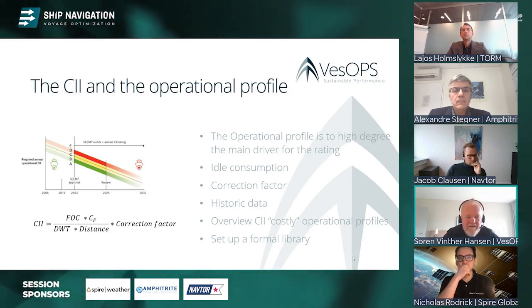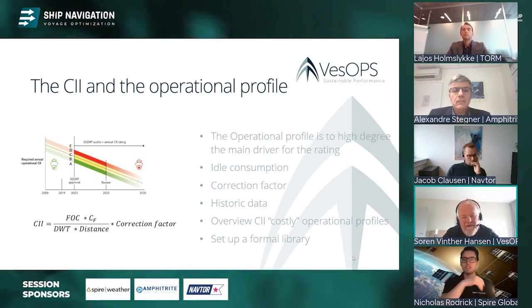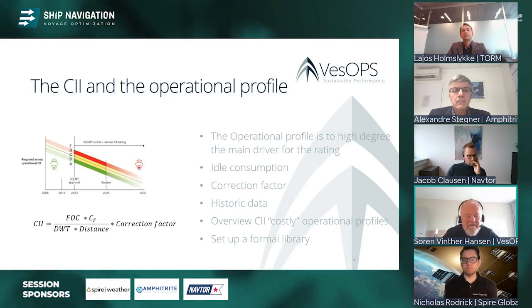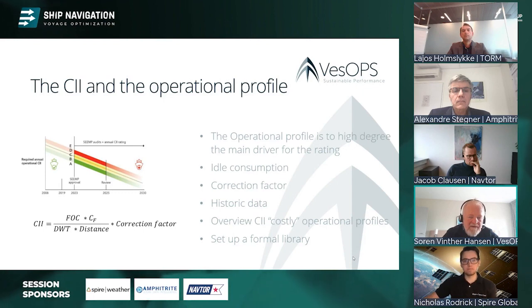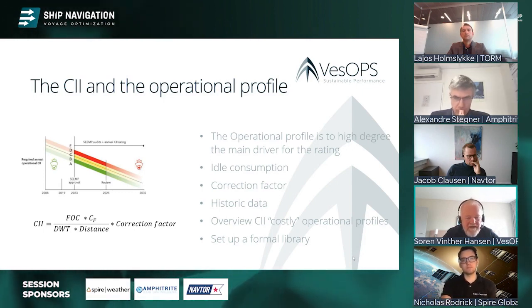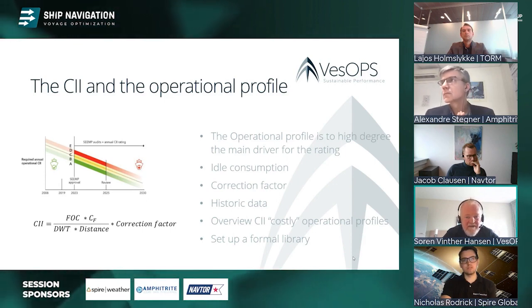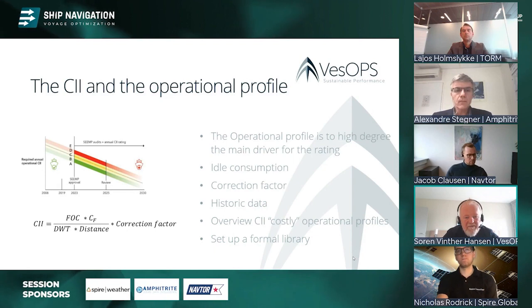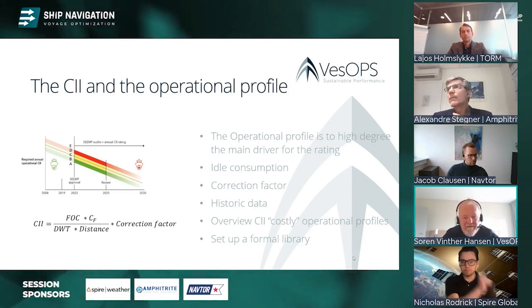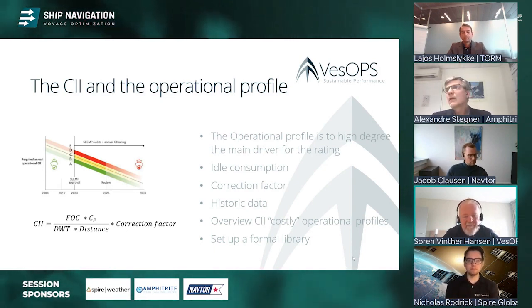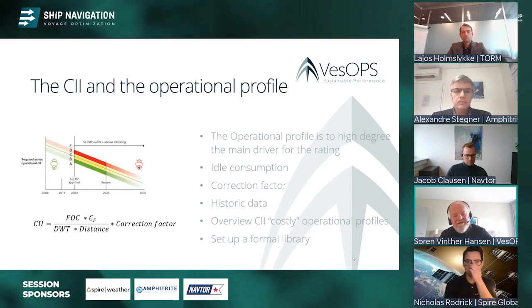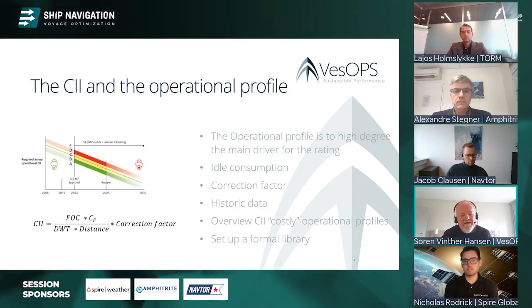So the rating that you come out with, as an owner, you can have a very energy efficient vessel, but if it's operated badly, then it can be as energy efficient as it wants. If you then come out with a bad rating, this is probably because of the way it's been operated for the period. And here we know that idle consumption is something that really hurts the CII.